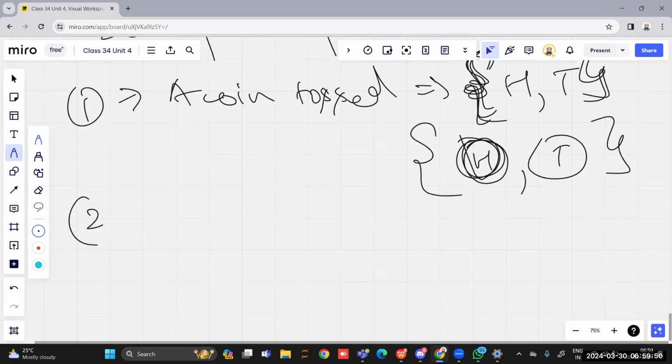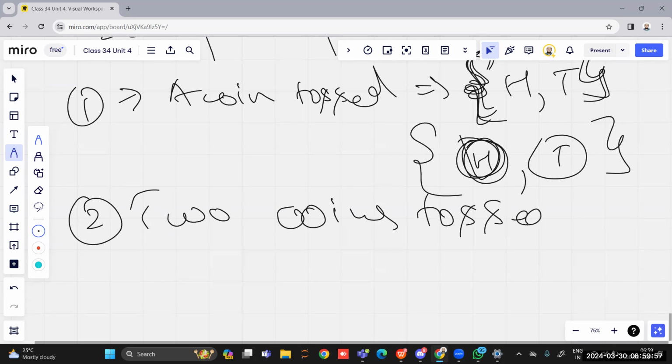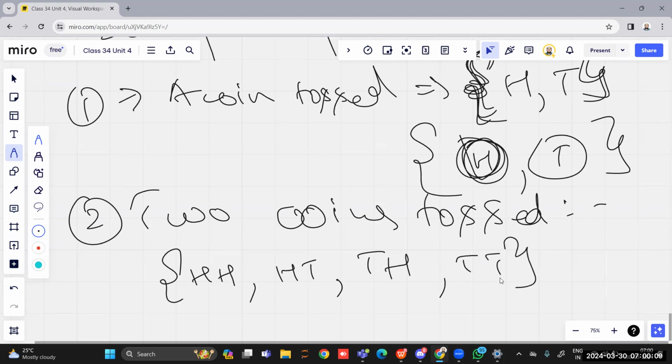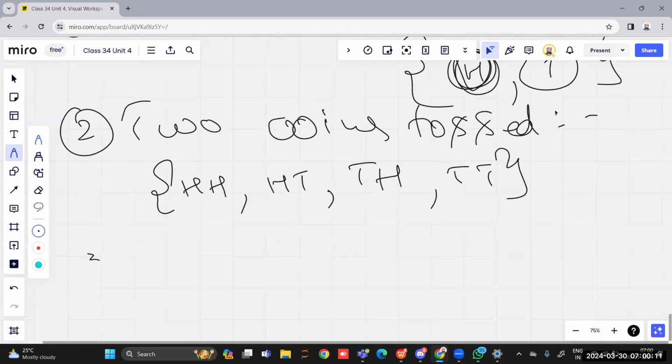Now two coins tossed. What will be the sample space? All possible outcomes: both heads can come, first coin head and second coin tail, first coin tail and second coin head, and both tails. That's it. Third, for example, three coins tossed.